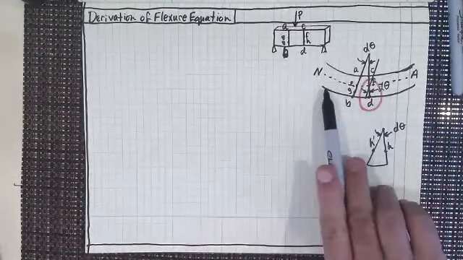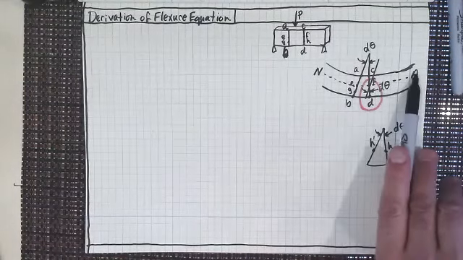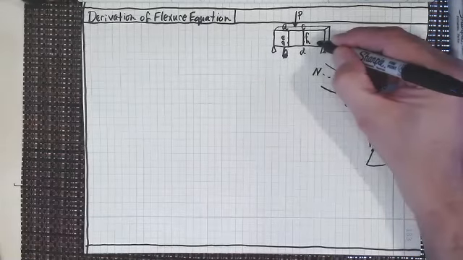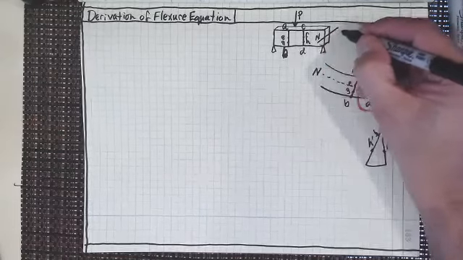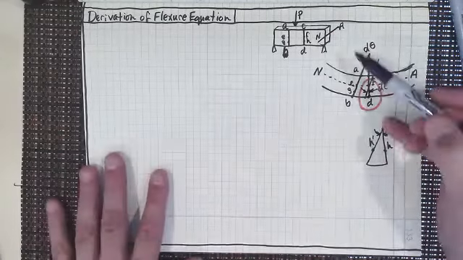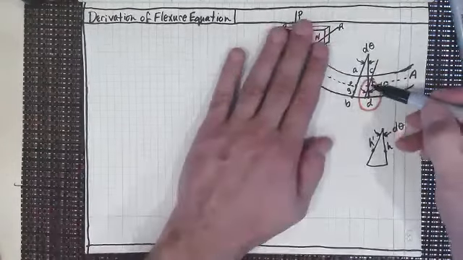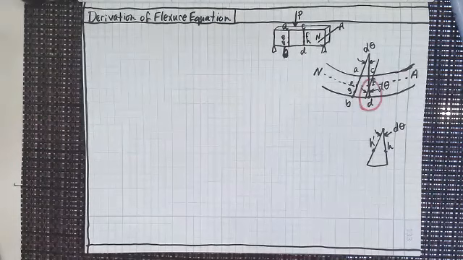I haven't derived yet that the neutral axis is actually at the centroid of the cross section. I'm just saying that the neutral axis is somewhere in that cross section, but we'll show that it has to be in just a second.